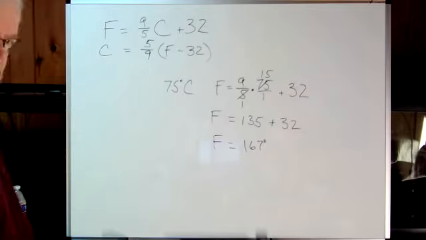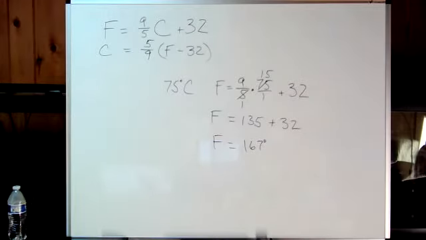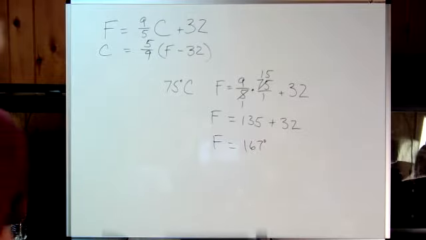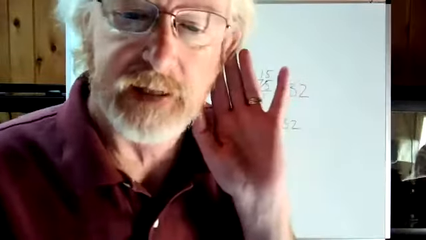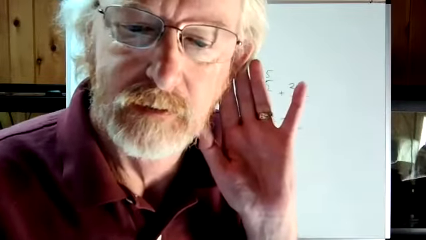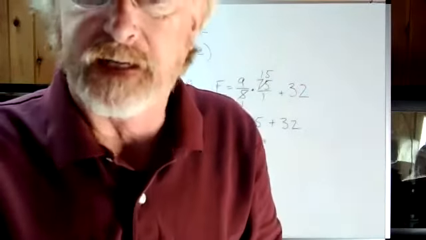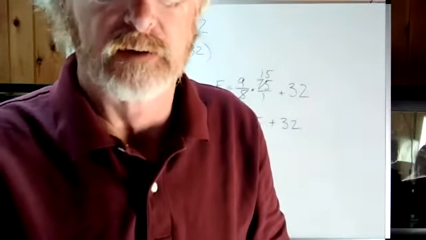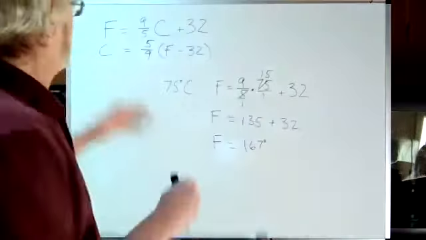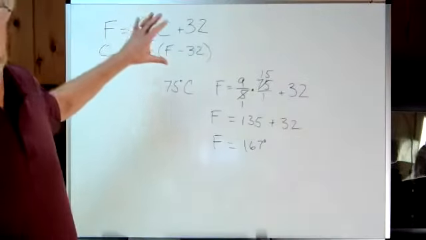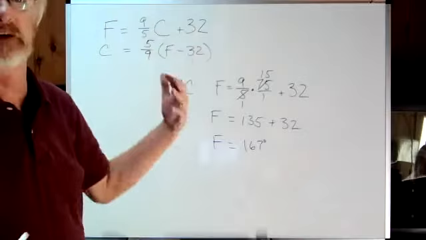If I'm going the other way around, oh, let me get my erasing cloth here. I have a question. Pardon? Where did you get the 9 over 5? Oh, so these are our formulas that you're given to start with.